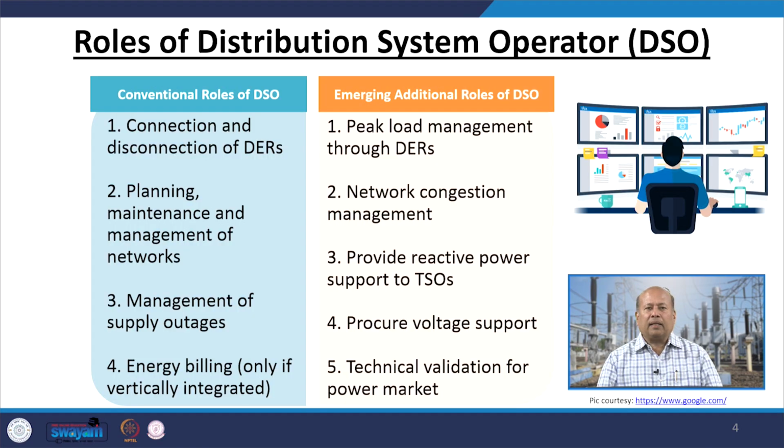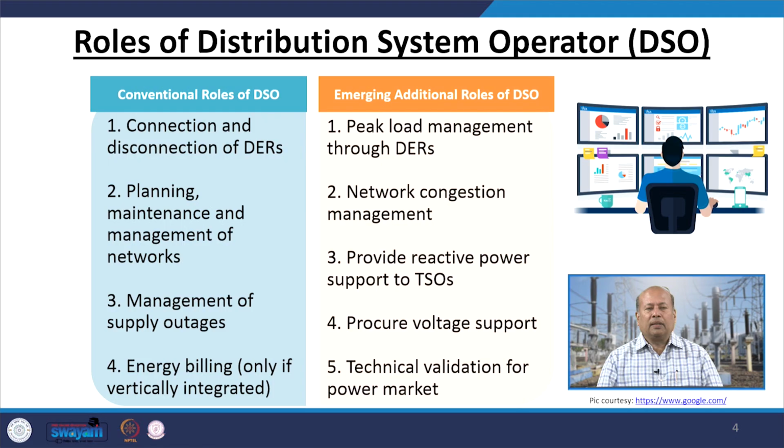Now, what exactly does the DSO do? The conventional roles of a DSO may be defined as follows. It has the responsibility for connection and disconnection of distributed energy resources. So, the DSO has the authority to decide whether distributed energy resources are to be connected to the distribution network or not.